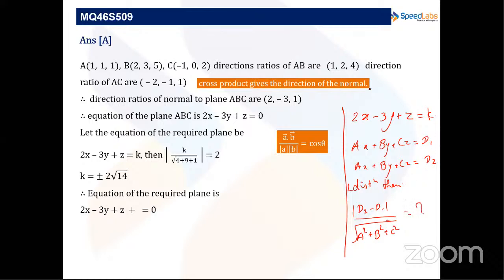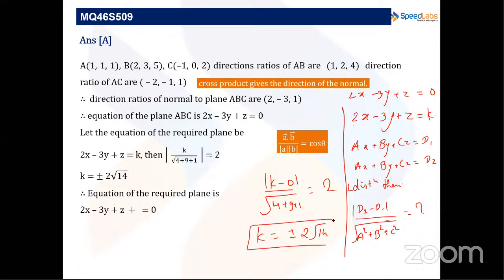Now that distance we are given, we are having this plane 2x minus 3y plus z equals to 0. So that will be mod of k minus 0 upon under the root 4 plus 9 plus 1 equals to 2. So k will be plus minus 2 root 14.